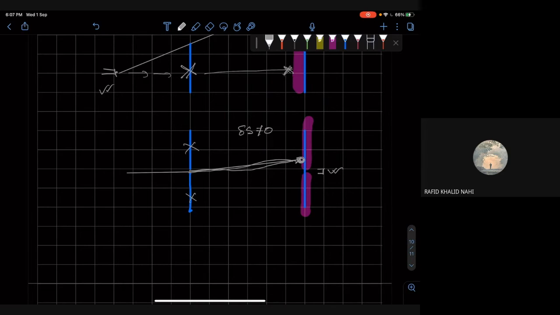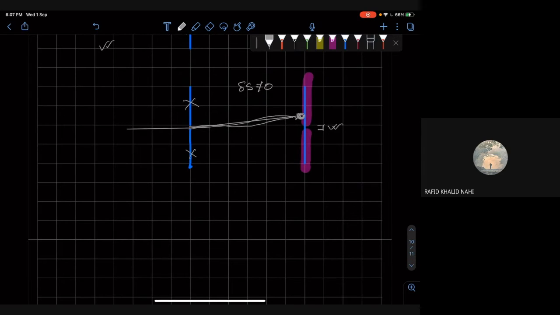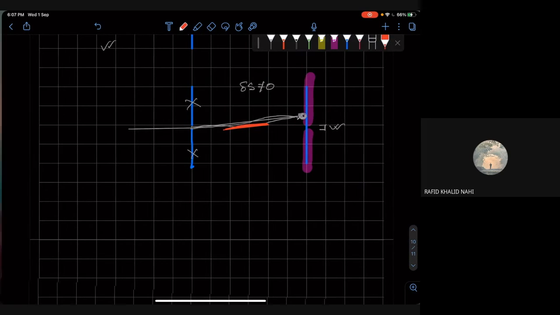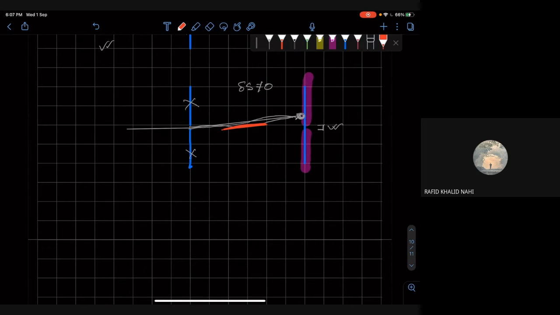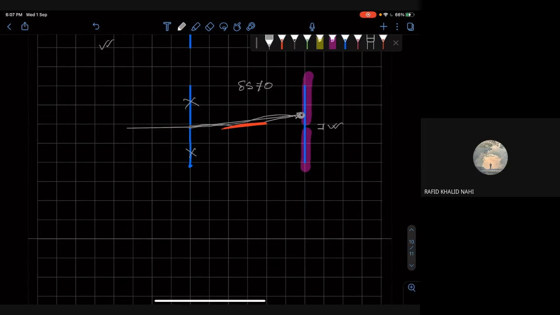But when you put a barrier, some of these paths are now blocked. Sorry, I should have drawn these paths like this. You have paths like this.